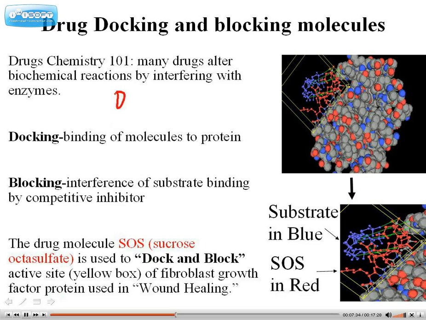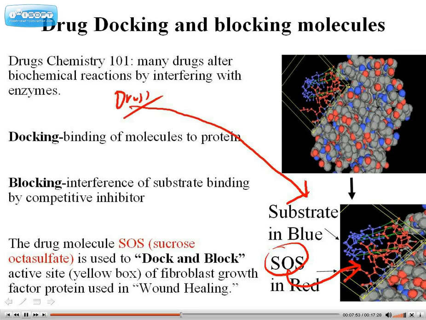Many types of drugs are competitive inhibitors. So in this blown up example here we see a simulation of a new type of drug that was being developed called sucrose octasulfate. It is a competitive inhibitor because in that yellow box, which is the active site, it was actually docking to the active site and blocking this actual substrate.